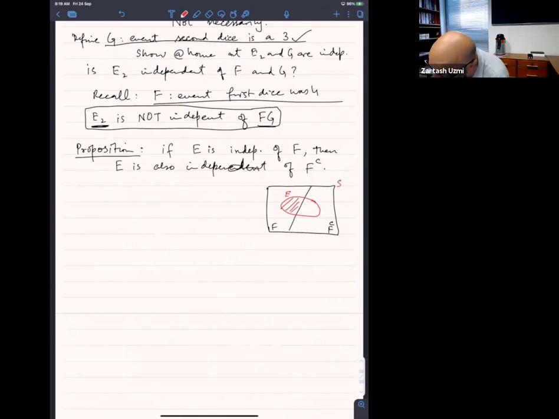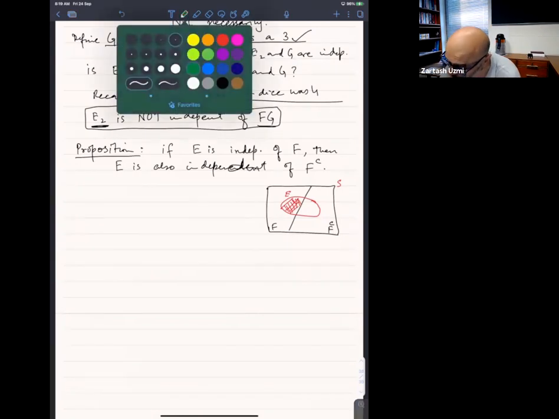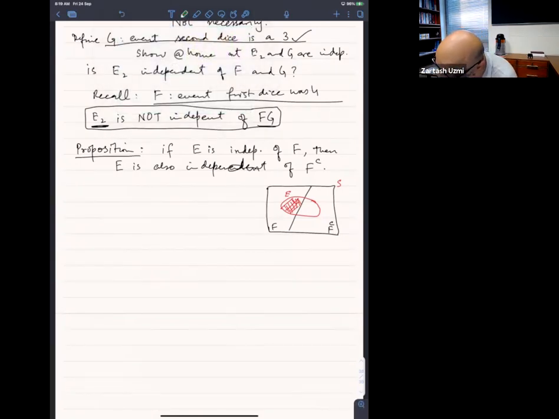So अगर E का ये वाला shaded portion, ये जो red portion है, if this red portion divided by the F guy is the same as the total E divided by the total sample space, इसका मतलब है कि हमने यहाँ पर भी जो चीजें छोड़ दी हैं, ये same proportion के अंदर है.